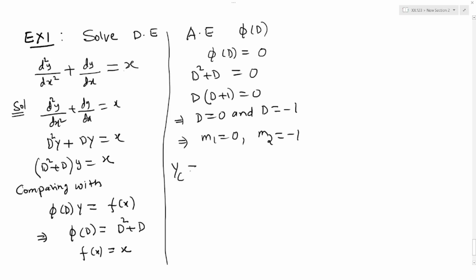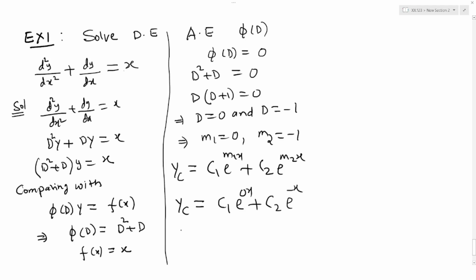Now to find yc, what is the formula? C1 e raised to m1x plus C2 e raised to m2x. Therefore yc equals C1 e raised to 0x plus C2 e raised to minus x, so yc equals C1 plus C2 e raised to minus x.